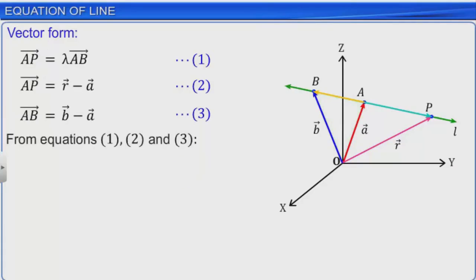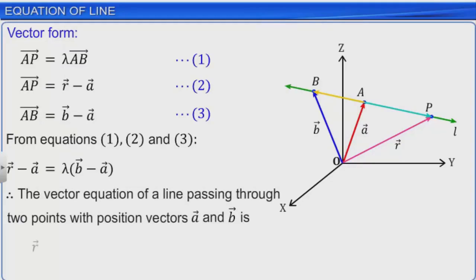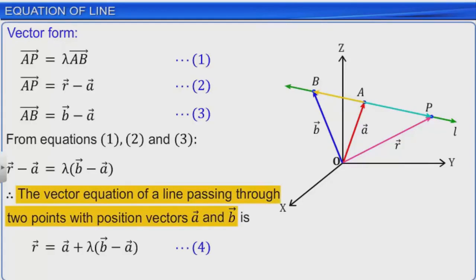Substituting the values of vectors AP and AB from equations 2 and 3 in equation 1, we get equation 4. Equation 4 is the vector equation of a line that passes through 2 points with position vectors A and B.